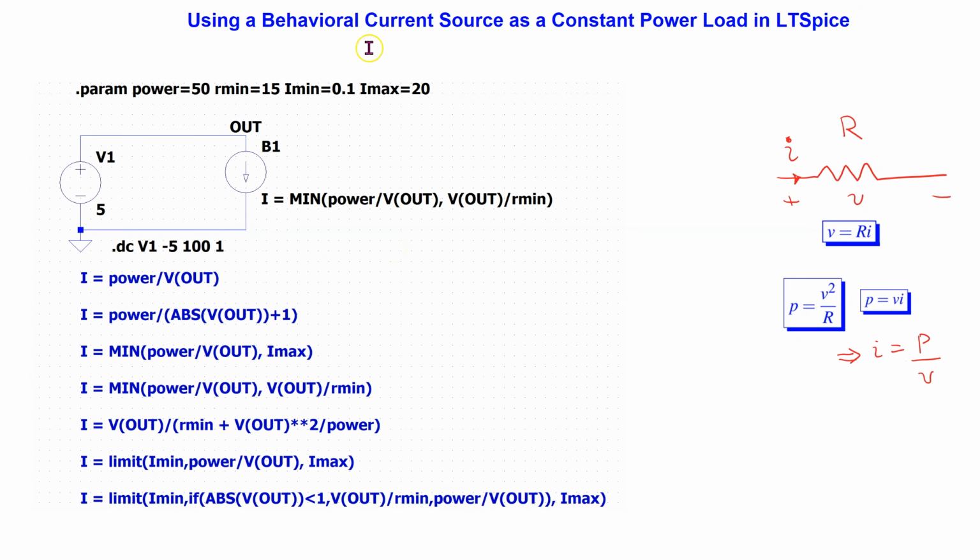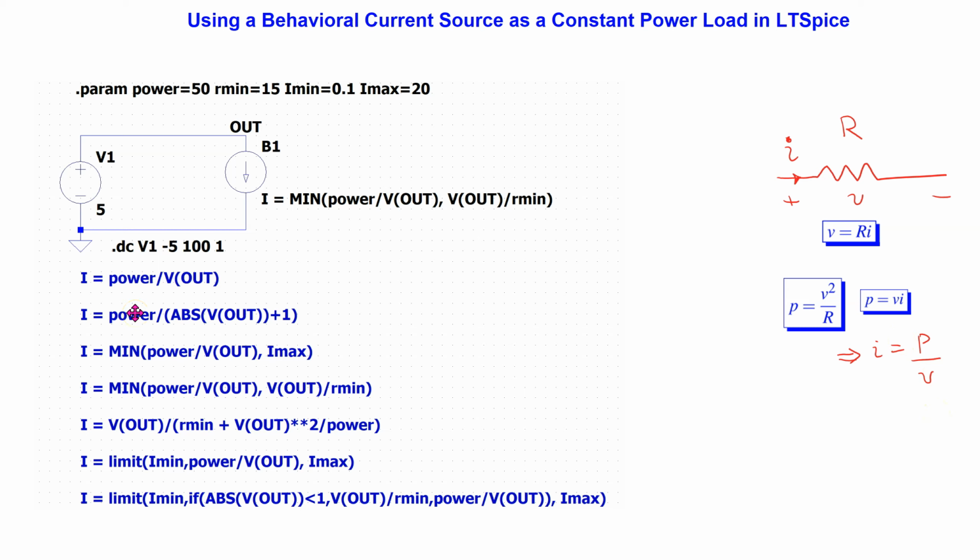The third method to simulate a constant power load in LTSpice is to use a behavioral current source and select its magnitude appropriately. The theory behind this method is also straightforward. Recall that for a resistor, the power dissipated is V times I, hence the current is given by power divided by the voltage.